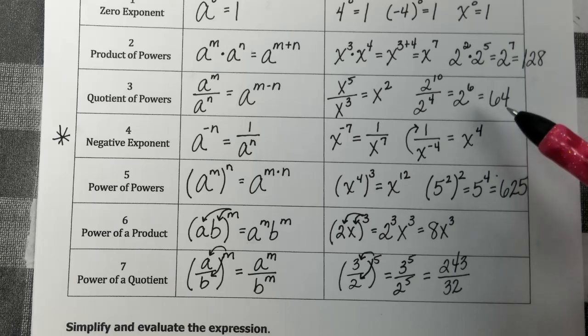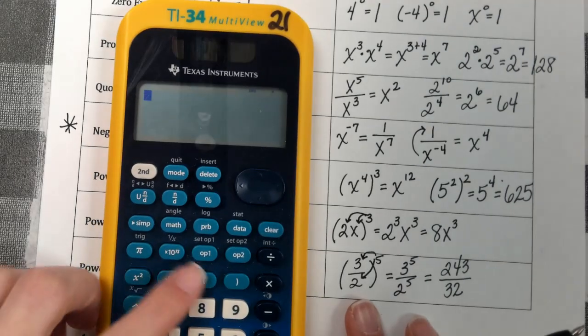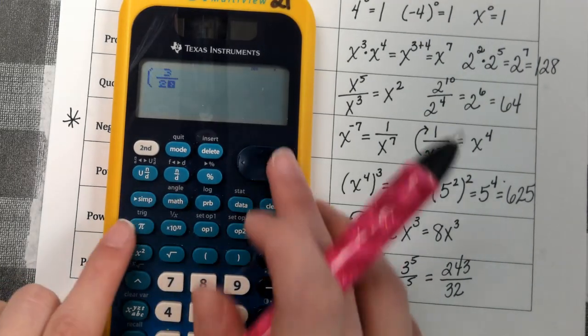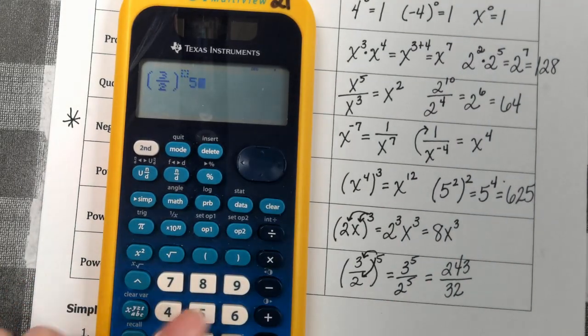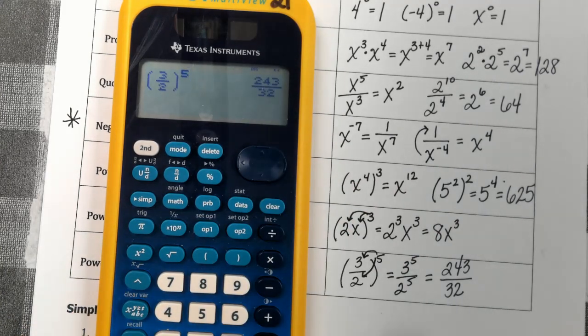Okay? Because I absolutely understand I could take my calculator and say I had this example, I could type in my fraction raised to the fifth power, and get my answer. But I'm not testing you on whether you can type it in a calculator.